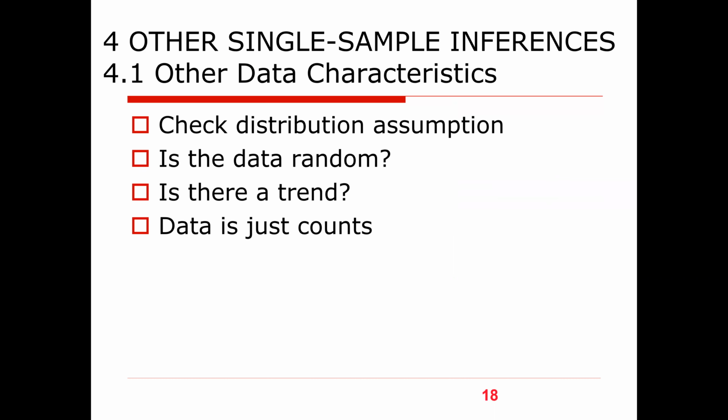Also whether the sample is truly random, because we all claim the sample is selected randomly, but sometimes we need to test if they are truly random. And does the data form some trend? Can we get such trend and other patterns? And can we use just counts instead of measurements? When we can just use counts, but when we should better use measurements, etc.